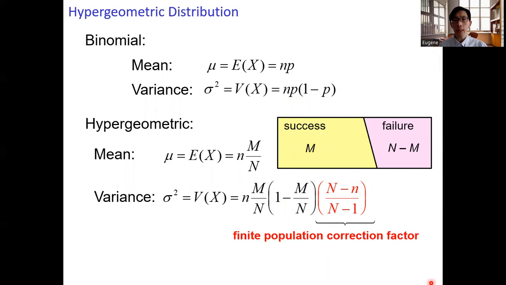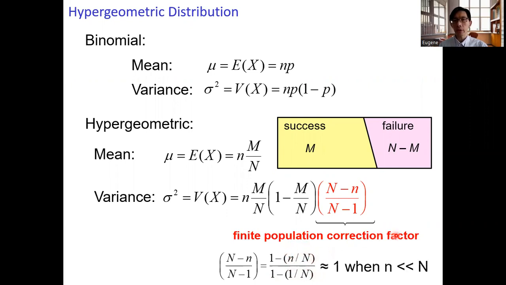If we rewrite this expression as 1 minus small n over big N, and then over 1 minus 1 over the population size, this expression is very close to 1 when the sample size is relatively small compared to the population size.